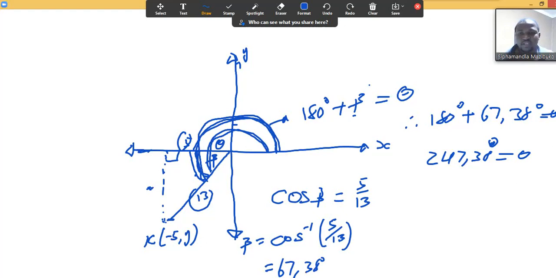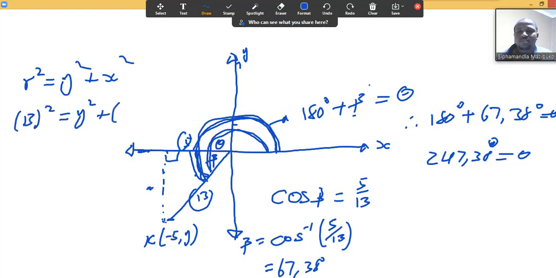Okay. In case you are still interested, we can also look at finding y. So what is y? We can use Pythagoras theorem. Pythagoras theorem says r squared is equal to y squared plus x squared. In this case we have 13 squared is equal to y squared plus minus 5 squared.